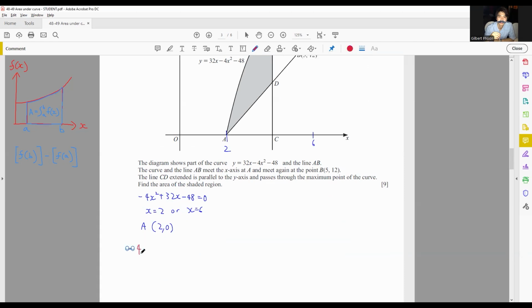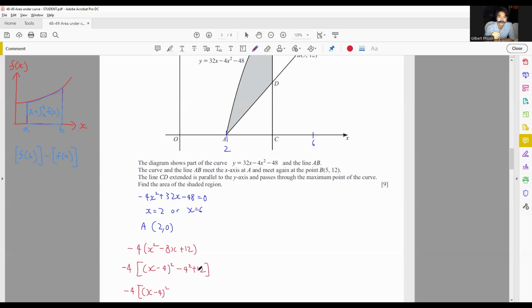Extract out negative 4. You're left with x squared minus 8x plus 12. Then continue: x minus 4 squared, minus 4 squared, plus 12. Okay, and negative 4 is the bracket.